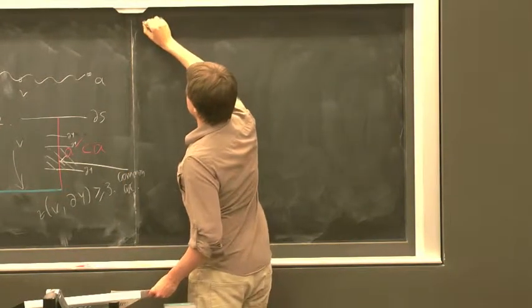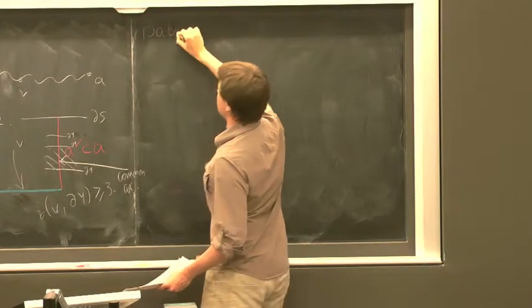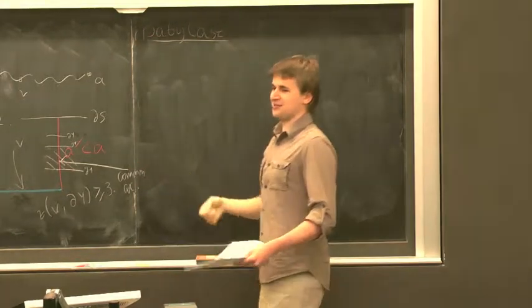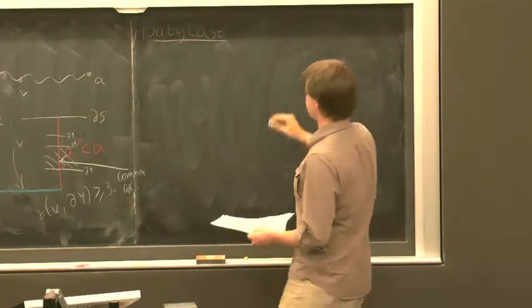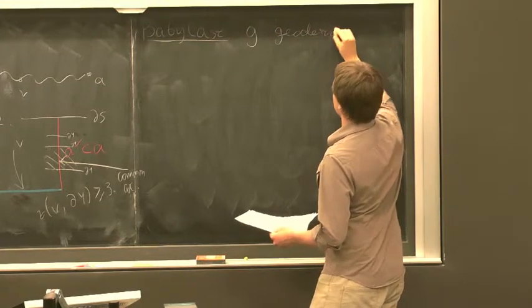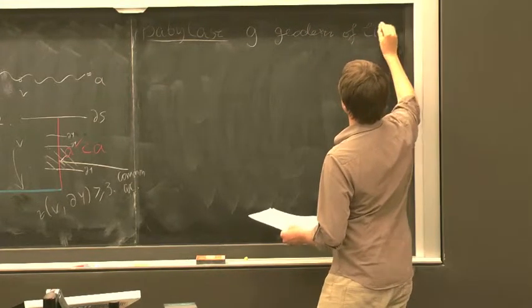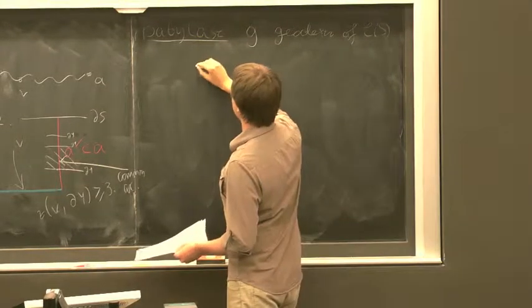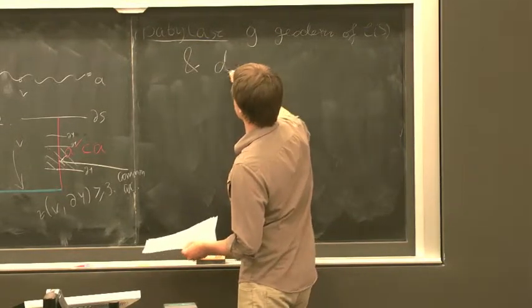I'm just going to call this the baby case. It's not really a baby case, but I couldn't think of another word. It's just a subcase. Okay. So suppose G is a geodesic of the curve graph of S.